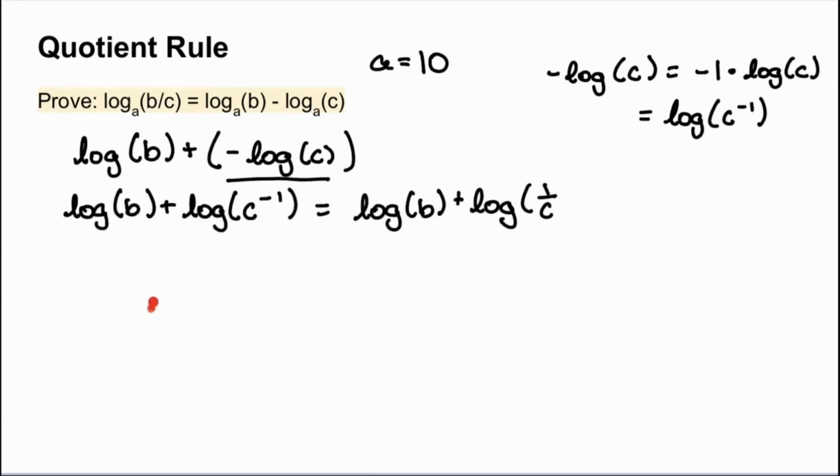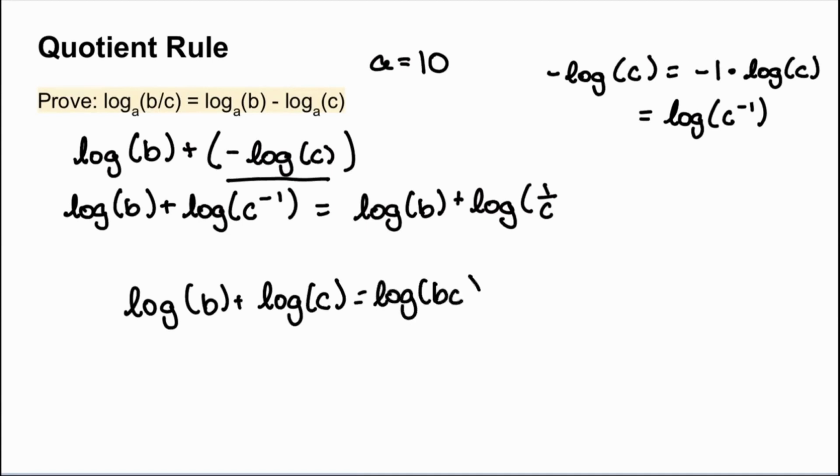And now that we have the sum of two logs, we can employ the product rule proof where we had it as log of B plus log of C is equal to log of BC. We focused our efforts in deconstructing this, but if we have two separate log statements that are being added together, we can multiply them under one log as shown here.